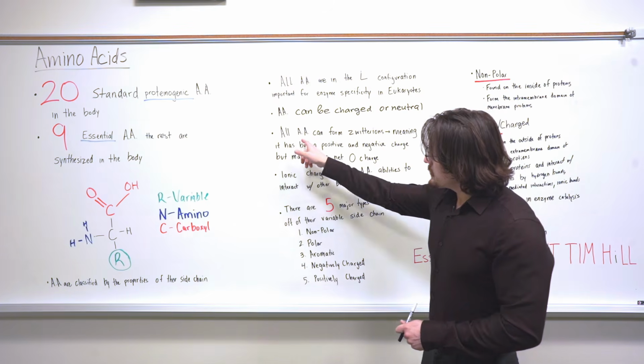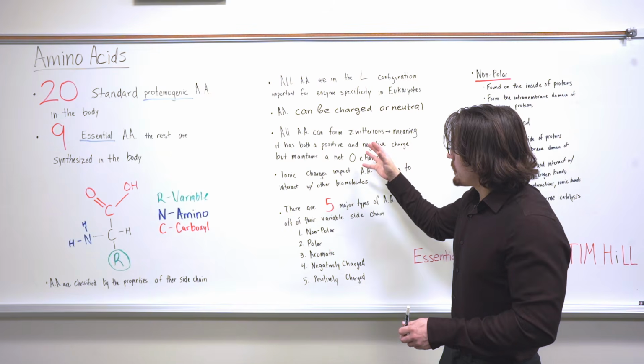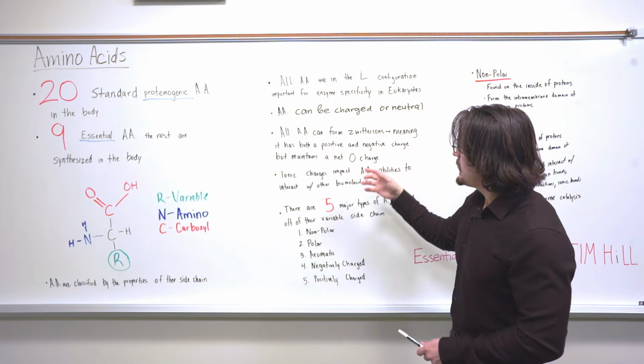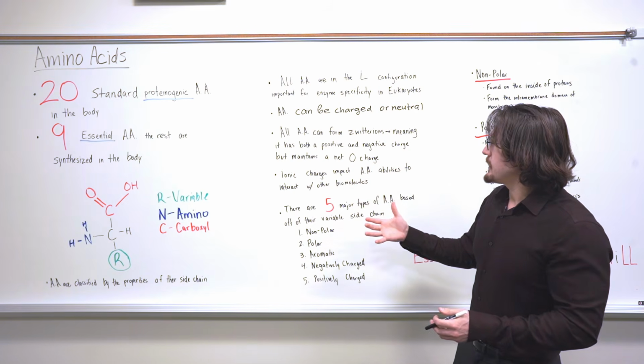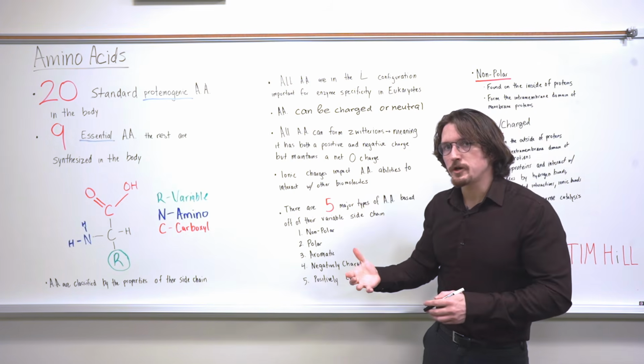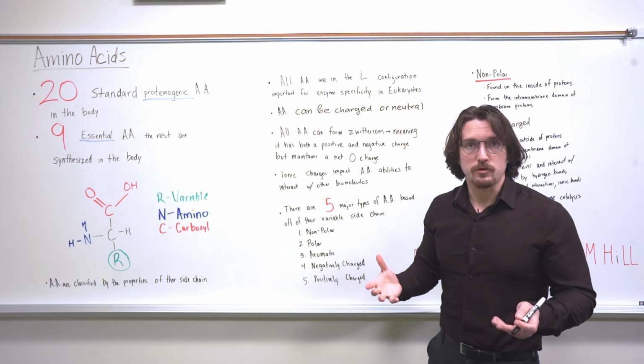Now, additionally, this imparts upon amino acids an interesting property, which is that they can form these zwitterions, okay? And that's a German word, and it essentially means a molecule that can have both a positive and negative charge in a way where the charges cancel out and the molecule overall is neutral, okay?